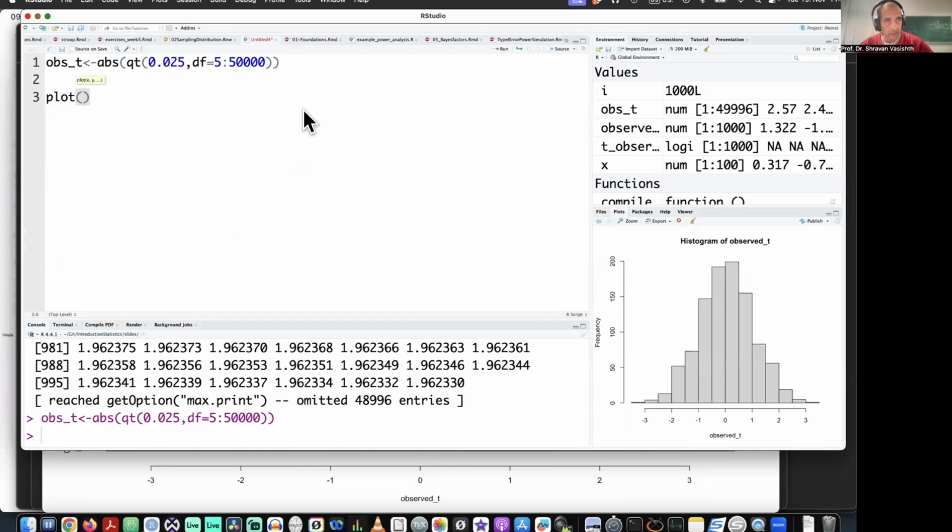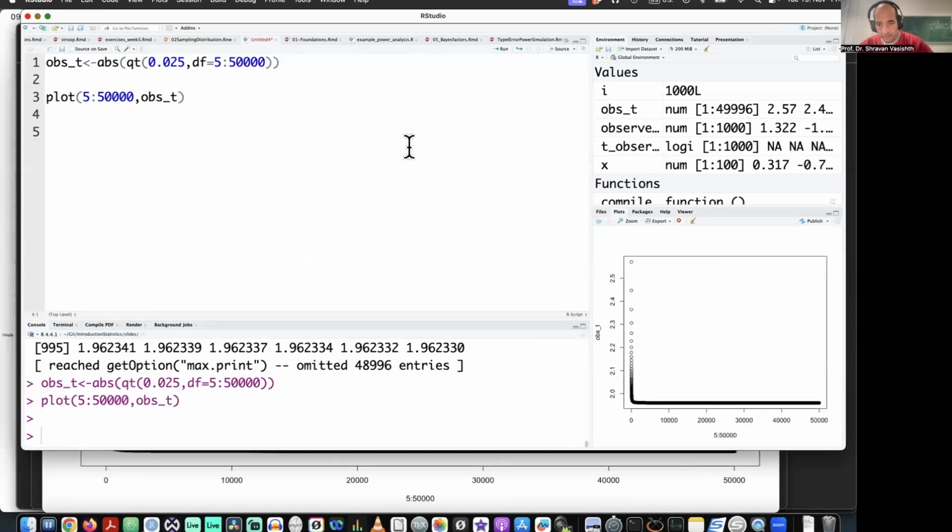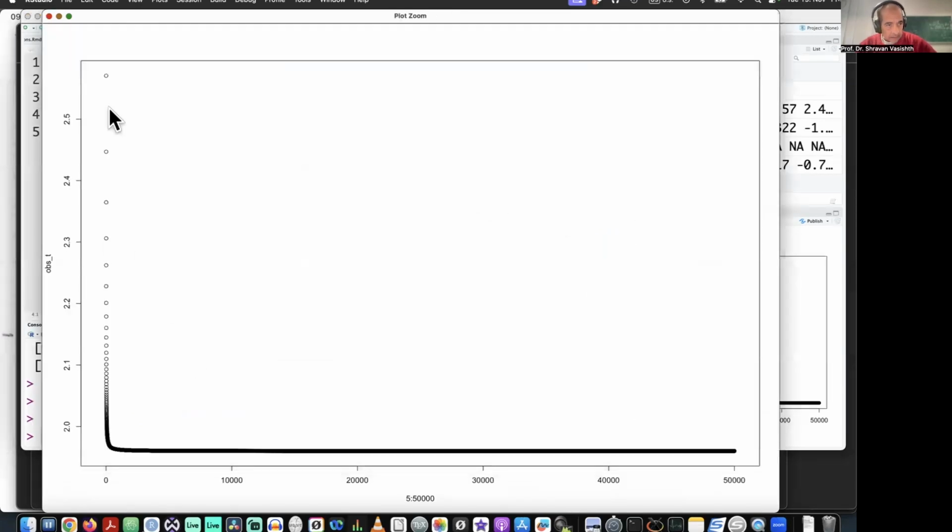So I'm going to plot the observed t-values for each of the degrees of freedom, and you'll notice that for smaller degrees of freedom, like 6 or 5 or something, they are very large, like 2.5 something.